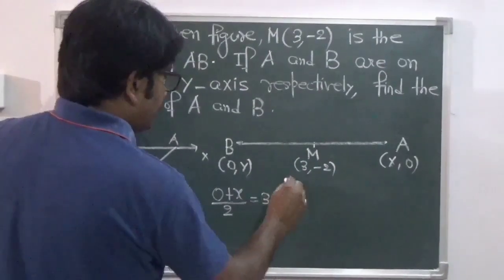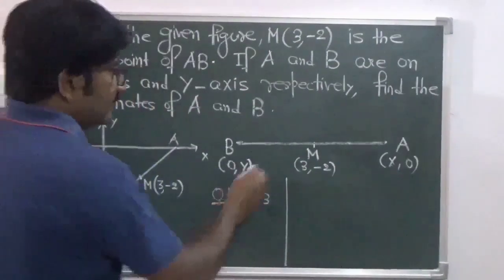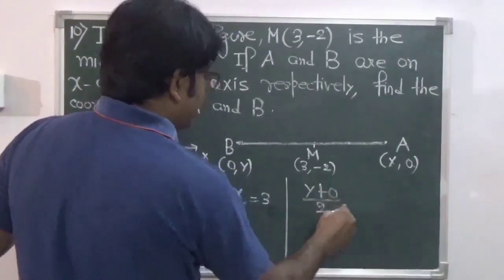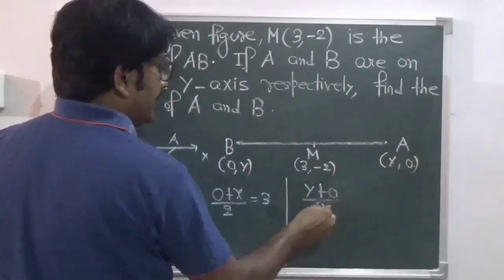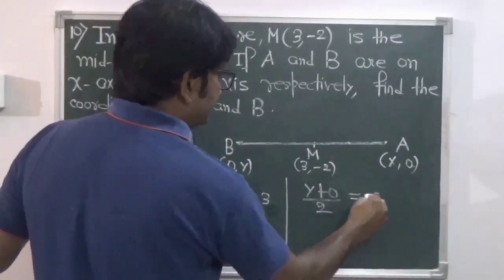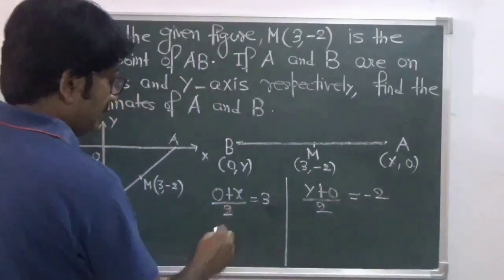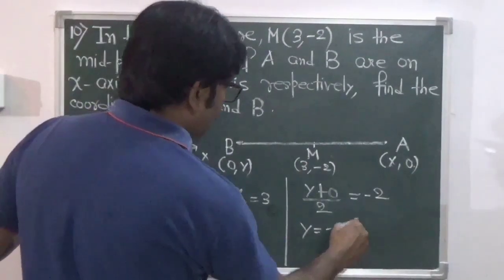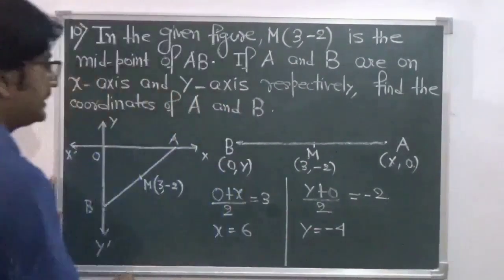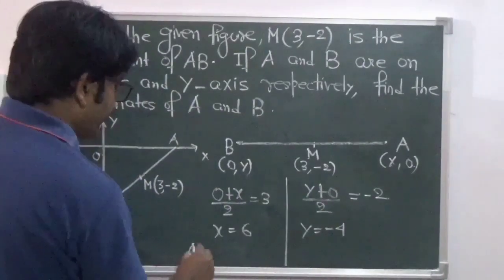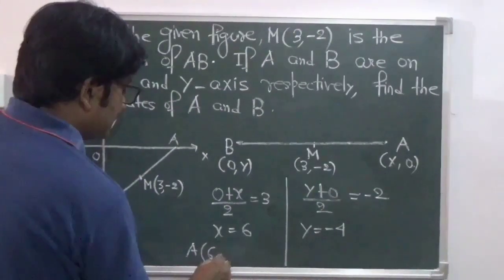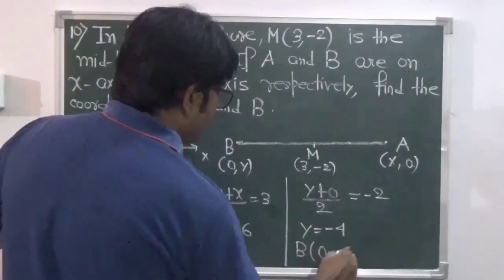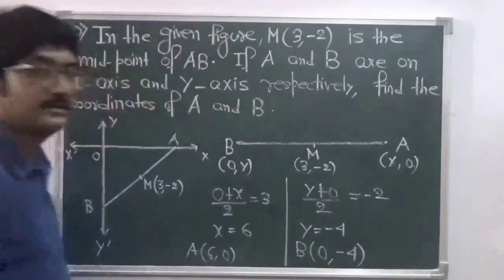In the similar way, (y + 0)/2 equals -2. So we have x equals 6 and y equals -4. So the coordinates of A are (6, 0) and that of B is (0, -4).